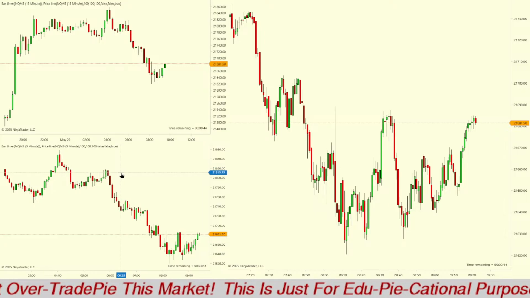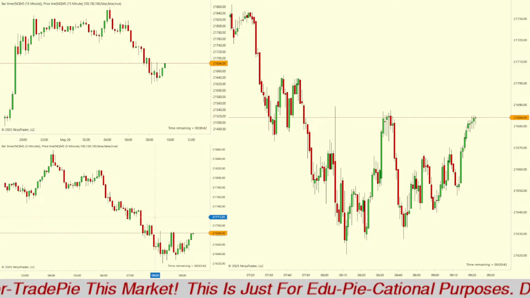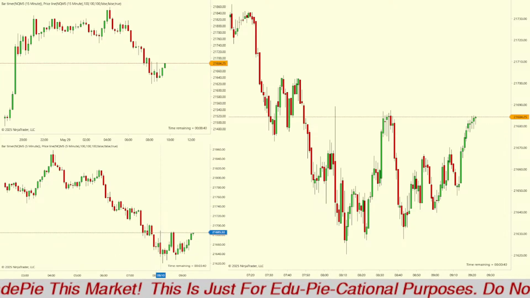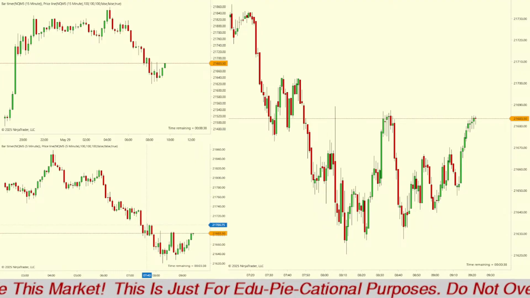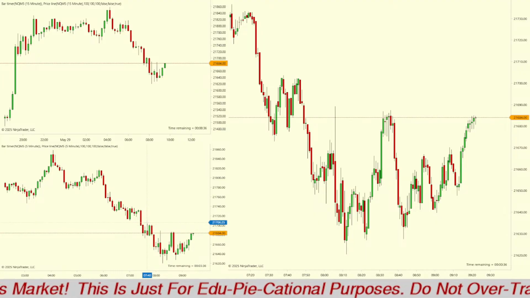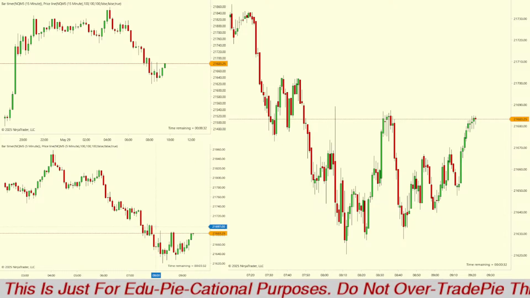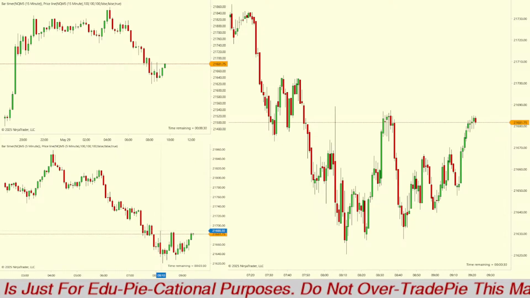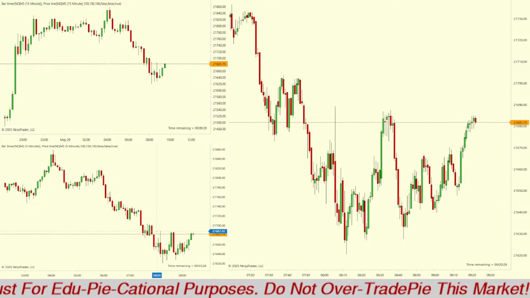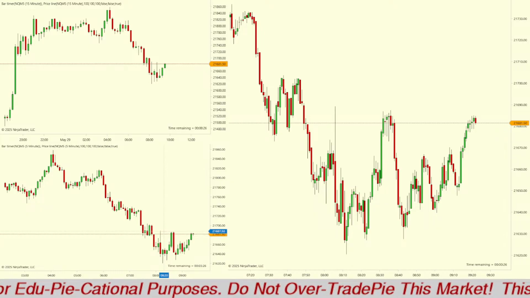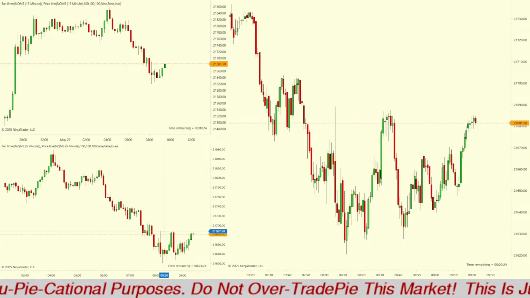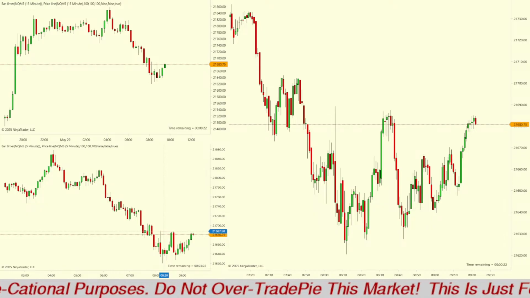Now, let's go to the 5-minute chart. In the 5-minute chart we see very clean buy side liquidity resting above these relative equal highs, as well as the first relative equal highs at 21,687.5.